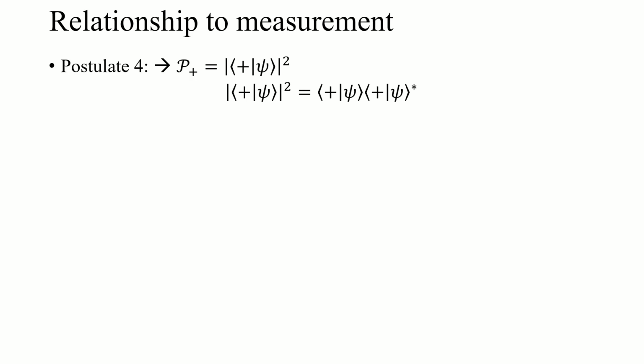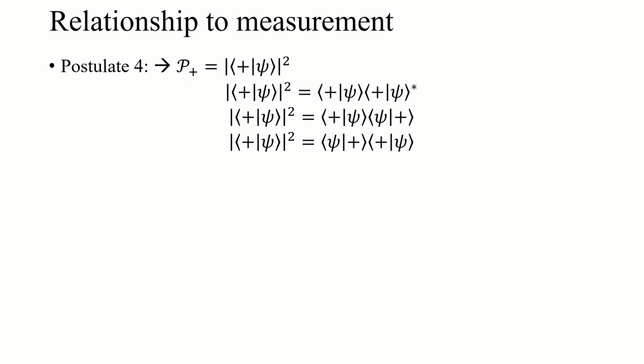The magnitude of that squared gave us the probability of measuring that spin up result. We can expand that magnitude squared as the inner product of spin up and the initial state prior to measurement, times the complex conjugate of that. Because if you reverse the ket and the bra, you just get the complex conjugate, we can flip that second term. And since those are scalars, they commute, so we can switch their order.